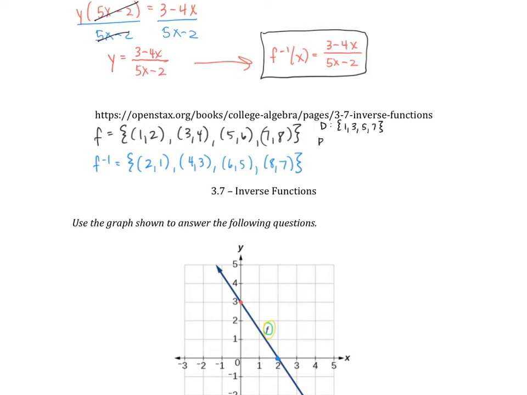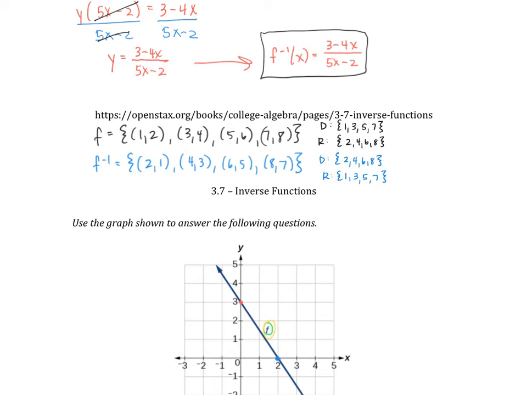And the range of my original function includes the numbers 2, 4, 6, 8, because the domain is the x values and the range is the y values. So now let's look at the blue. The domain for the blue, the x values, are 2, 4, 6, 8. The range, 1, 3, 5, 7.